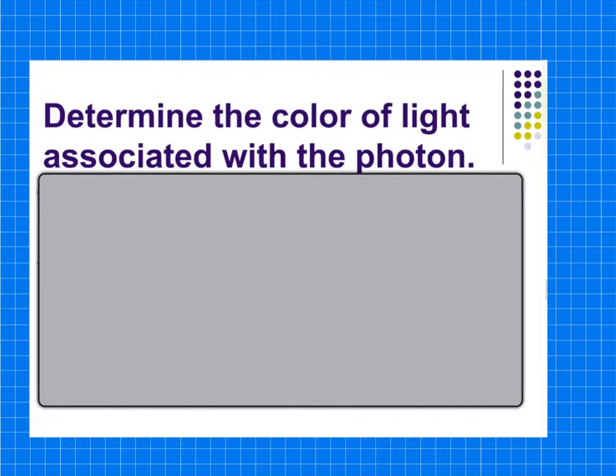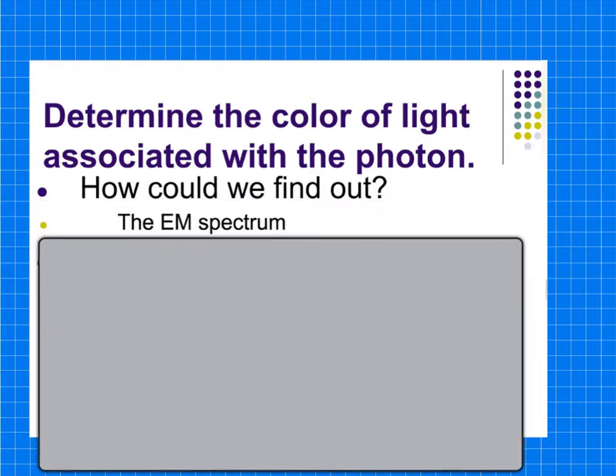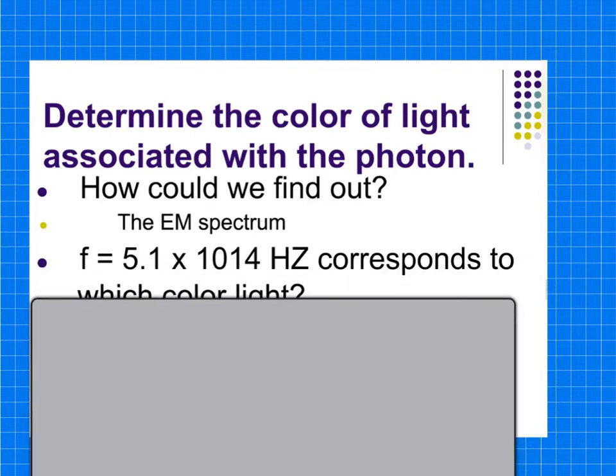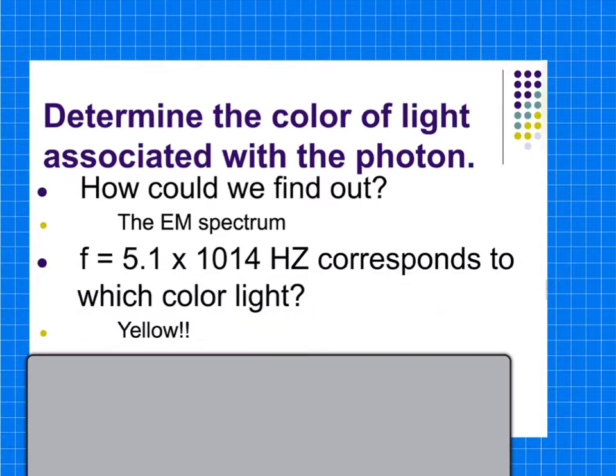If we look at our reference table, the electromagnetic spectrum, take a look and see what that frequency corresponds with. You should find out that the color is yellow. So 5.1 times 10 to the 14 hertz corresponds to yellow light.